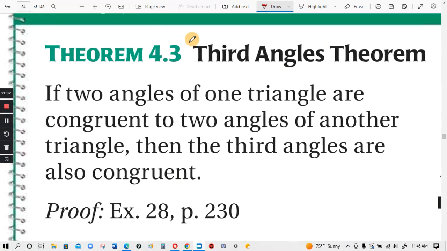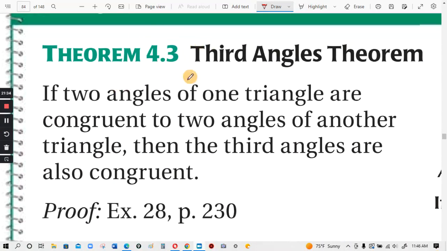Theorem 4.3, the third angles theorem. If 2 angles of one triangle are congruent to 2 angles of another, then the third angles are also congruent. Let's take a look.